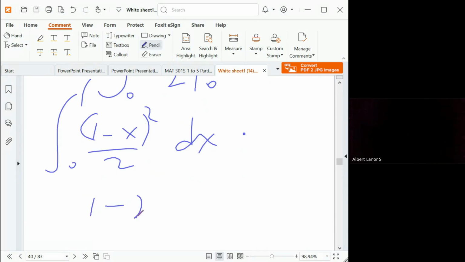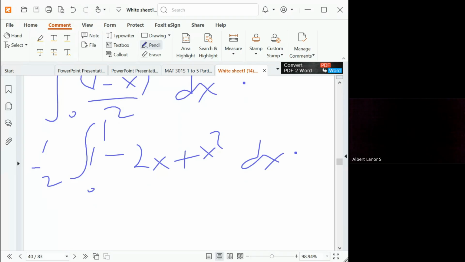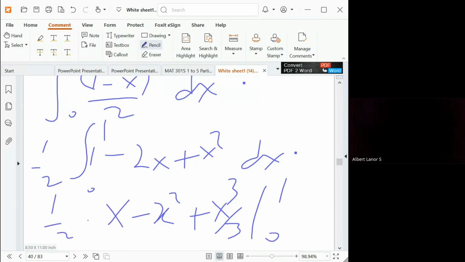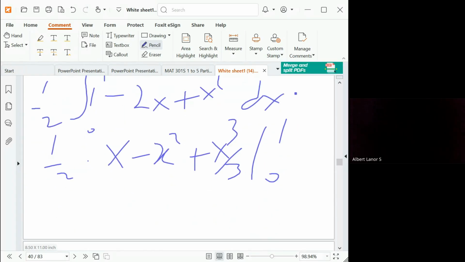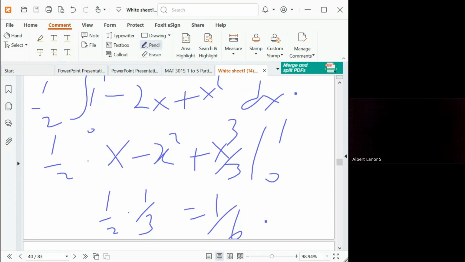You have 1 minus 2x plus x squared, and you can take the half out, integral from 0 to 1 dx. So you integrate to get x minus x squared plus x cubed over 3, from 0 to 1, times half. You put 1 in it, you have 1 minus 1 is 0, and then you have 1 over 3. 1 over 3 times 1 over 2. That is 1 over 6.